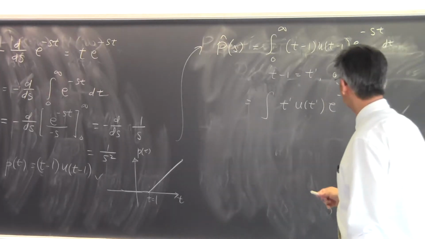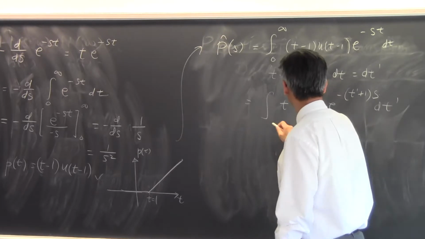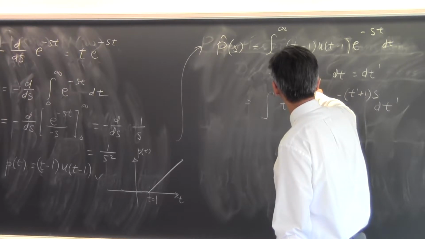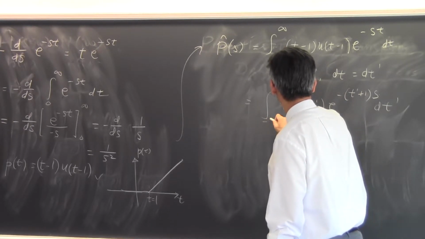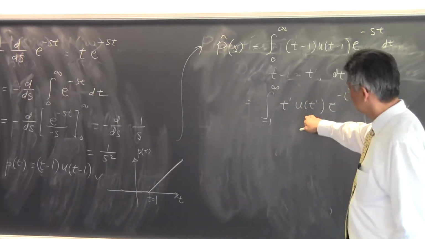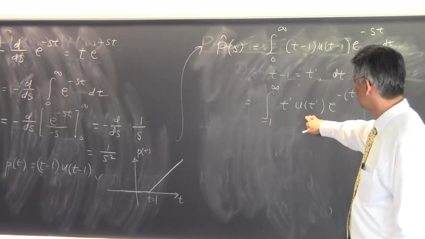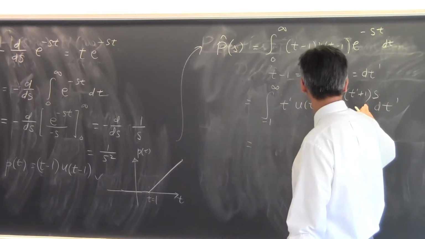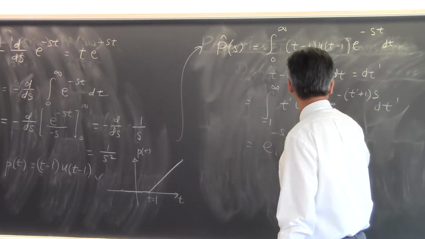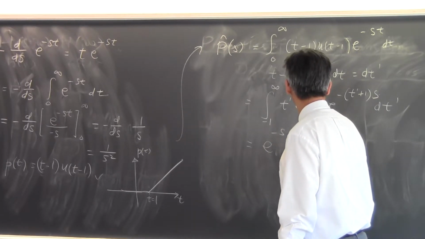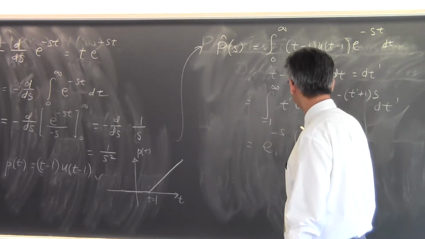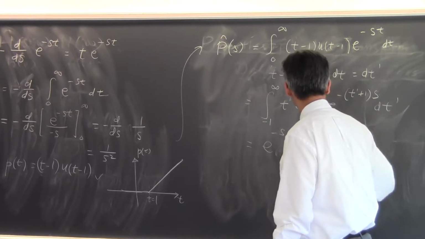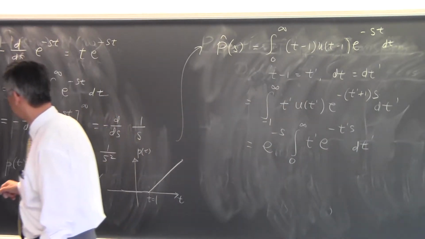Then I have the t prime out here. And my integration now goes from when t is equal to 0, t prime is equal to minus 1, to infinity. But because of this unit step function, it always makes it back to 0. And if I take out the extra factor, it would be e to the minus s times the integral from 0 of t prime e to the minus t prime s dt prime. So I have the same integral that I have to perform over here.